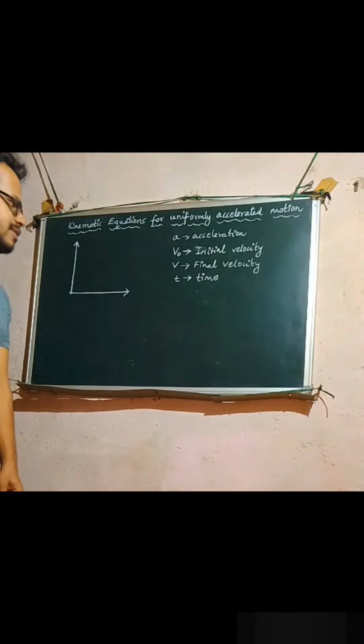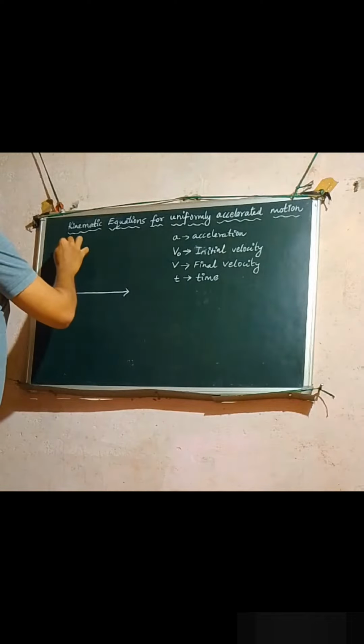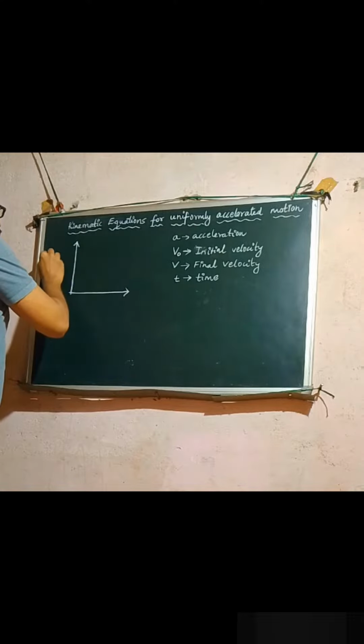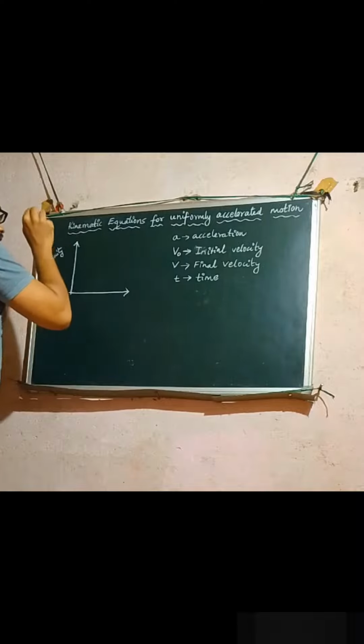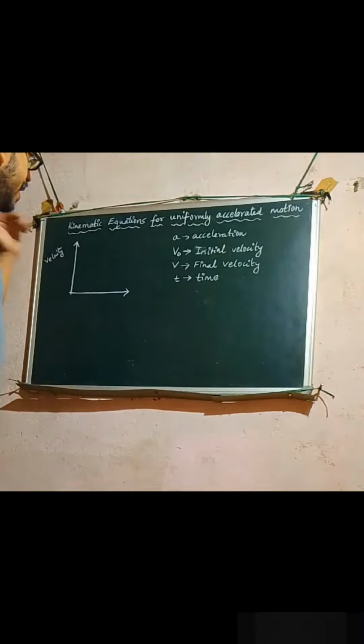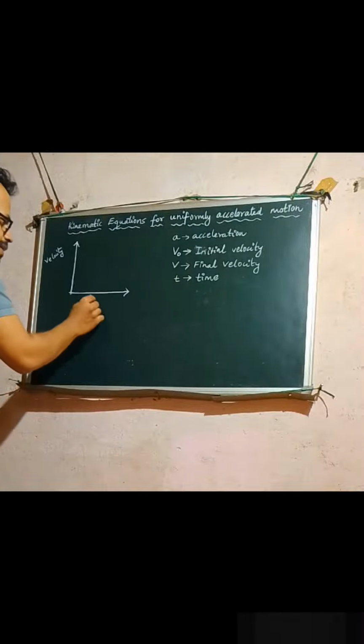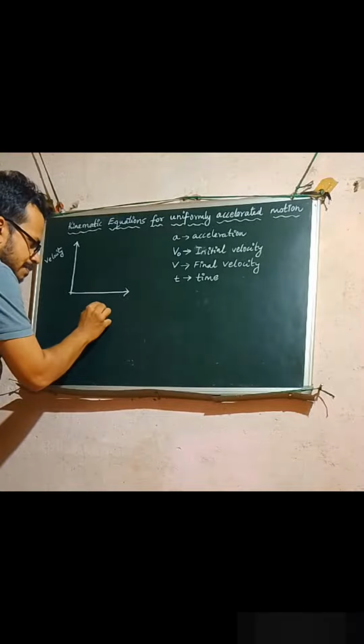So along the y-axis we represent velocity, and along the x-axis we represent the time.